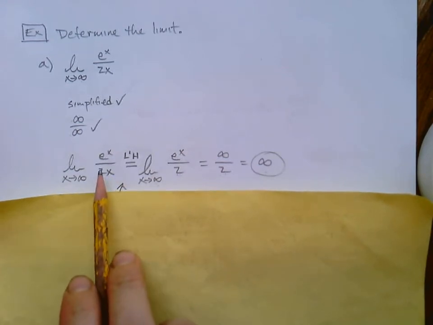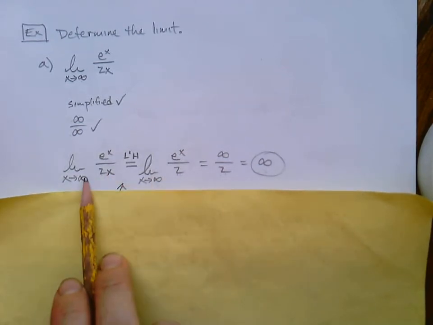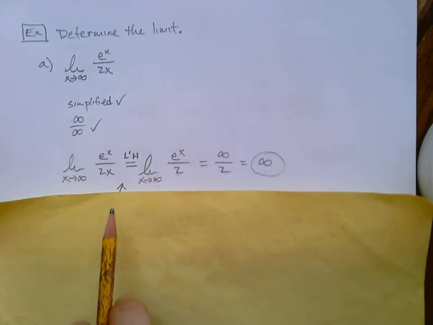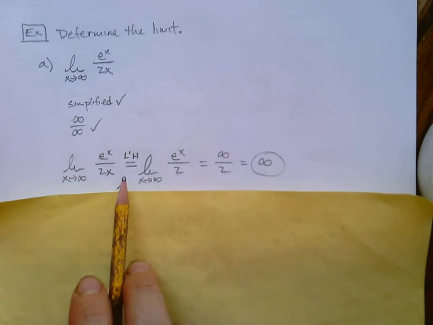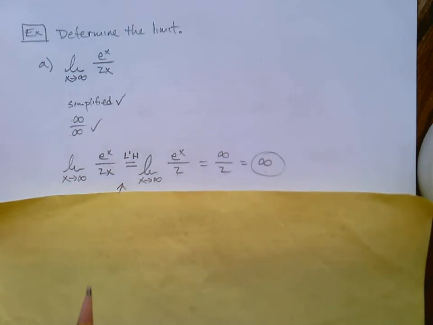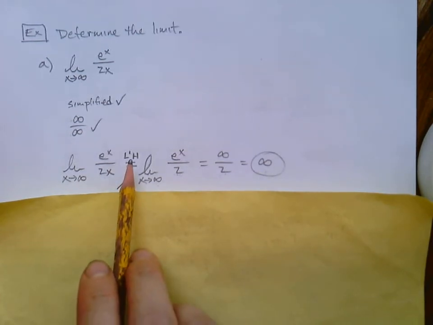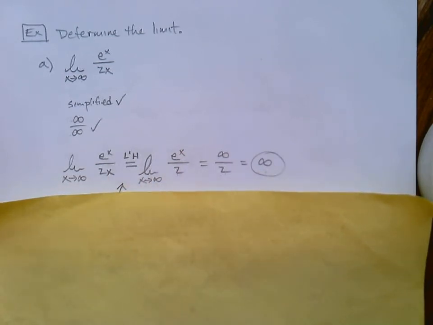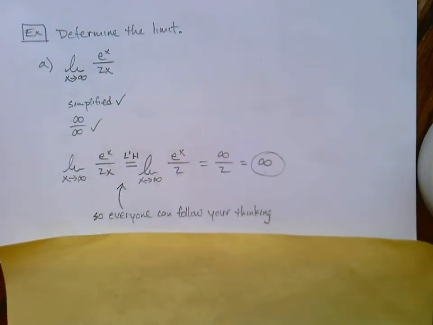At the moment we perform L'Hopital's rule, from this step to this step, everyone decided, pretty soon after this rule came out, we need a way to show what we just did in our work for people to follow us. So we need to put L apostrophe H above the equal sign connecting where we performed it. So that's my note down here, so everyone can follow your thinking.